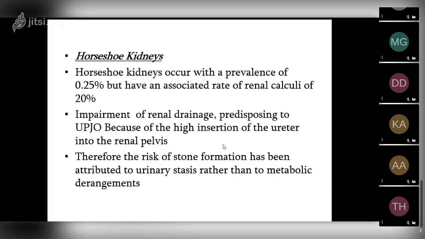The impairment of renal drainage in this condition is predisposing, with a ureteropelvic junction obstruction because of the high insertion of the ureter into the renal pelvis in horseshoe kidney. Therefore, the risk of stone formation has been attributed to urinary stasis rather than metabolic derangements.